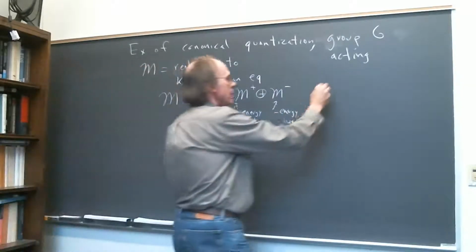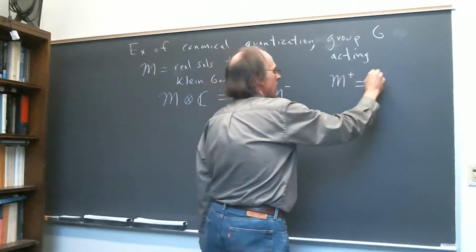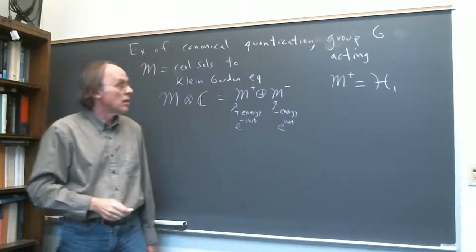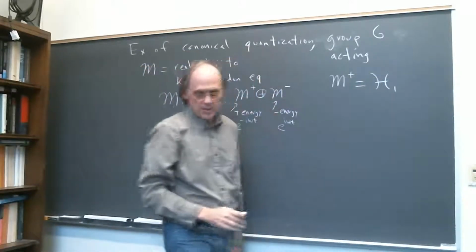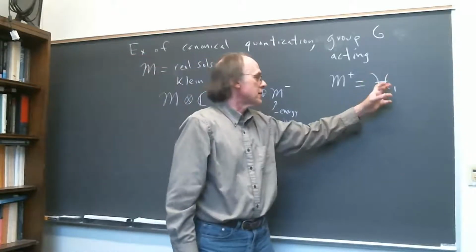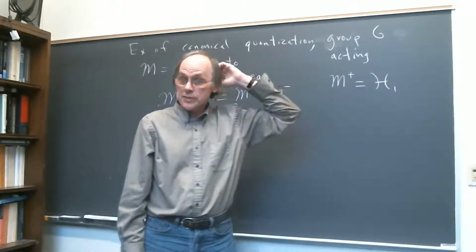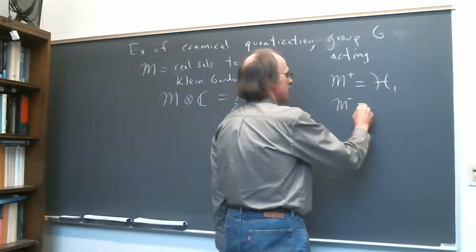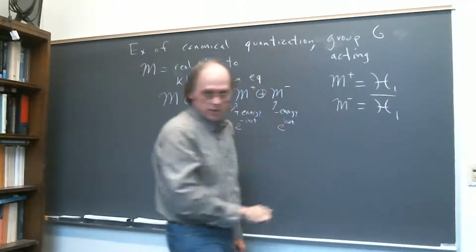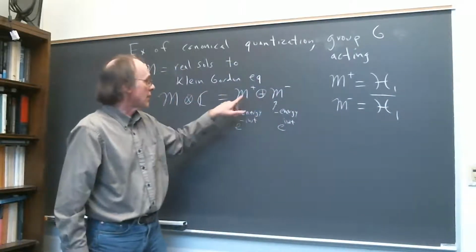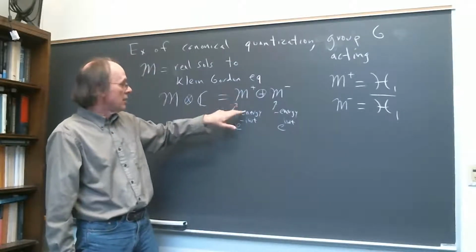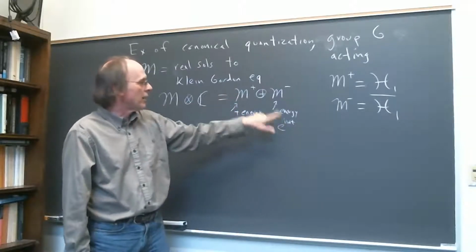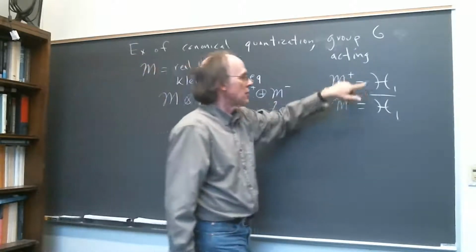And so M plus you should think of as a single particle space, the right analog of wave functions of a single particle, and M minus is related to this by conjugation. This space contains whatever has positive energy, and just taking i to negative i takes you from here to here, so it's the conjugate space.